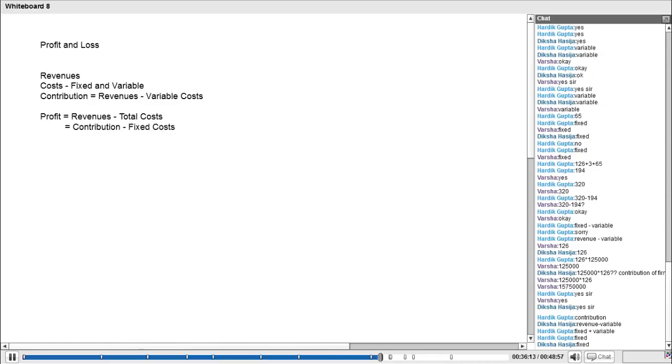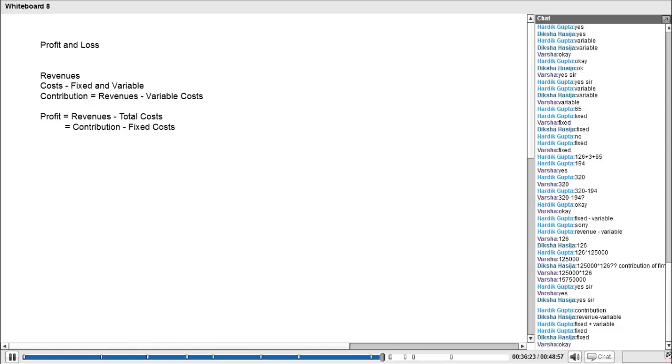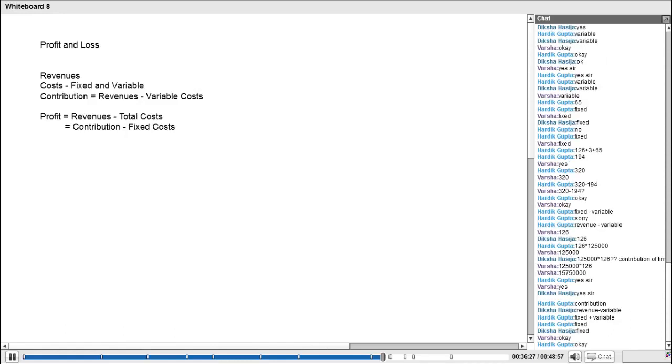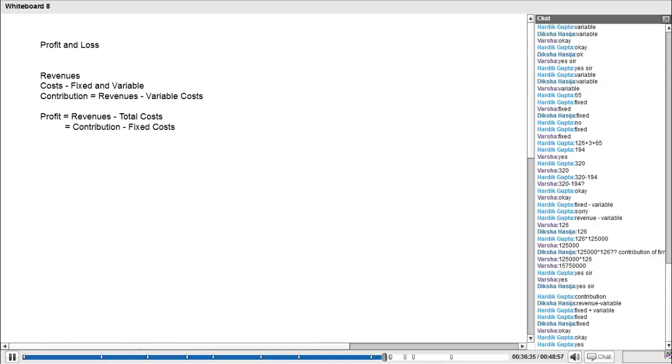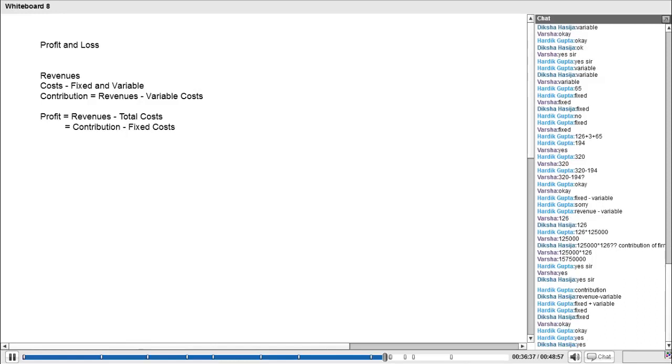So profit is revenues minus total costs, or contribution minus fixed costs. For simplicity, we will use revenues minus total cost in most cases, and where we need to, we will use contribution minus fixed cost. So is that clear? Let's do a couple of exercises around this.